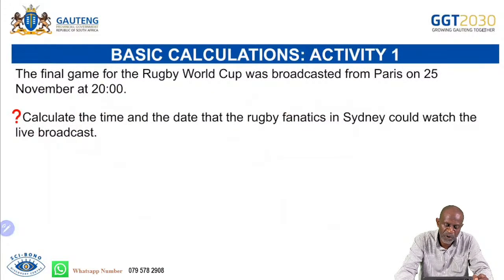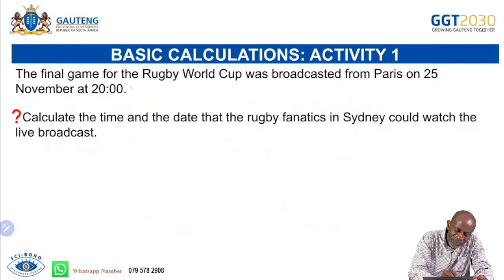And as we move forward, the final game for the Rugby World Cup was broadcasted from Paris on 25 November at 20 hours. Calculate the time and date that the rugby fanatics in Sydney could watch the live broadcast.